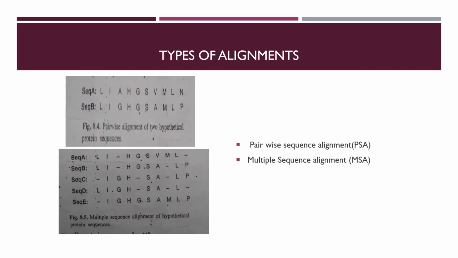By finding these patterns, if they are nucleotide sequences, we can identify the gene family to which these sequences belong. If these sequences are protein sequences, obviously we can identify the protein family, and it also helps in understanding enzyme active sites and the functional and evolutionary relatedness of the sequences involved in the alignment.